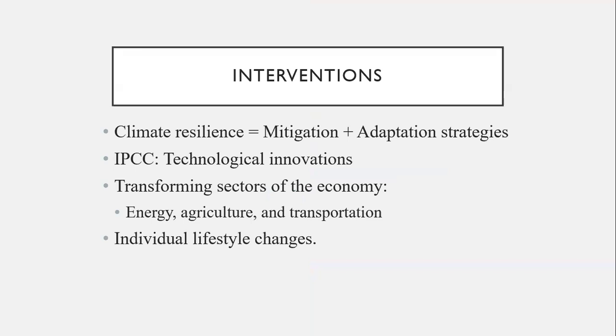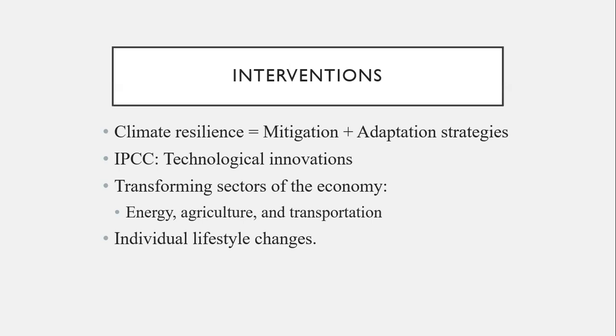The rapid transformation of sectors of the economy, especially the energy sector, agricultural sector, and transportation sector, is essential for a sustainable and livable future. Large-scale transformations of the energy sector involve transitioning to low-carbon energy sources such as solar and wind power.